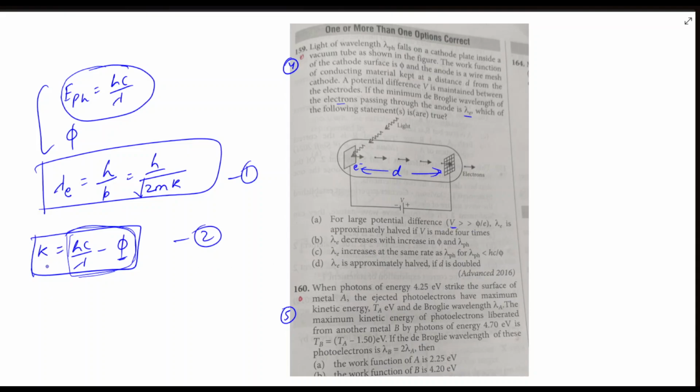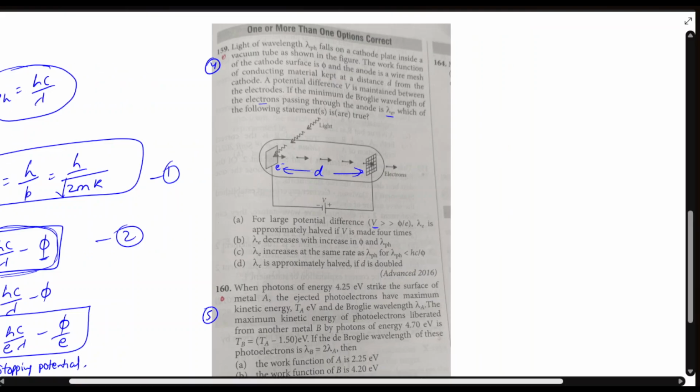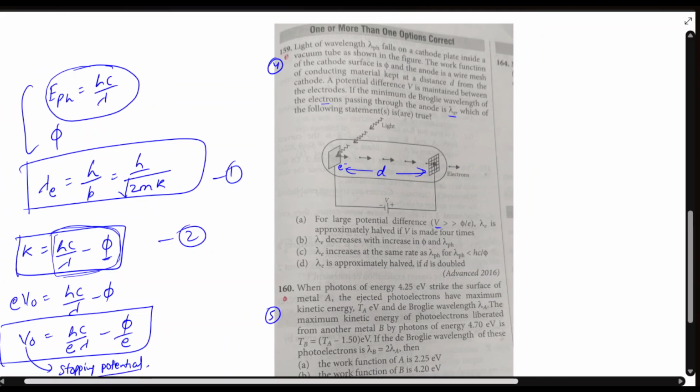So if I write, e V naught will be equal to hc by lambda minus phi. So V naught will be hc by e lambda minus phi by e. Now, what is this V naught? It is the stopping potential.